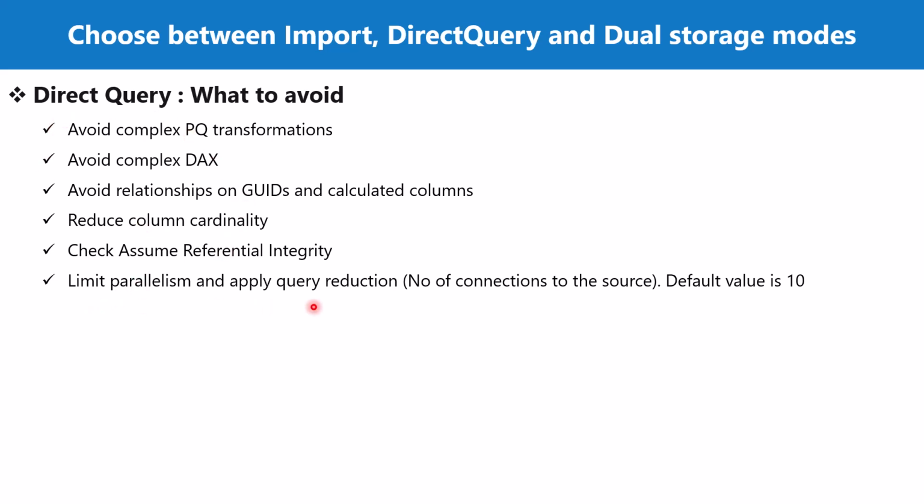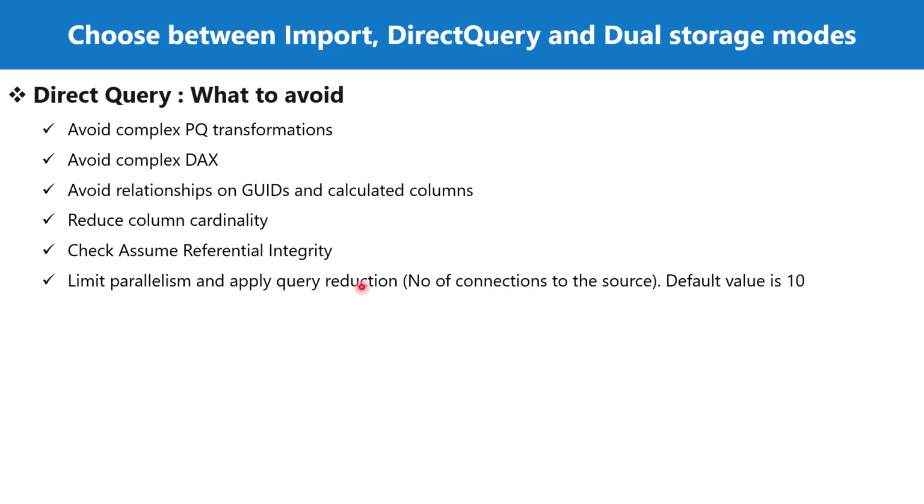Also, we saw when we were talking about the data load settings that there was a connection setting: once we are connecting to a data source, a number of connections are opened. We saw this in the Power BI settings, and if you are connecting to a direct query data source, then try to limit this concept of parallelism and apply query reduction.